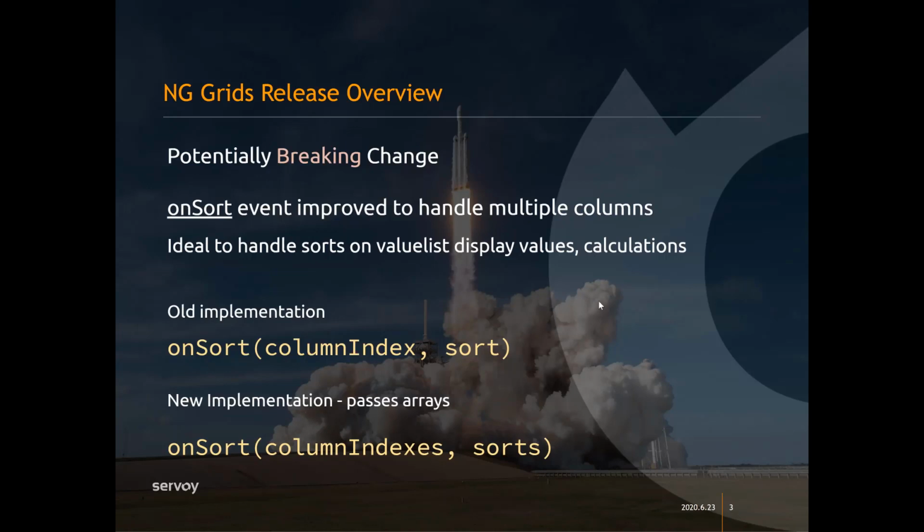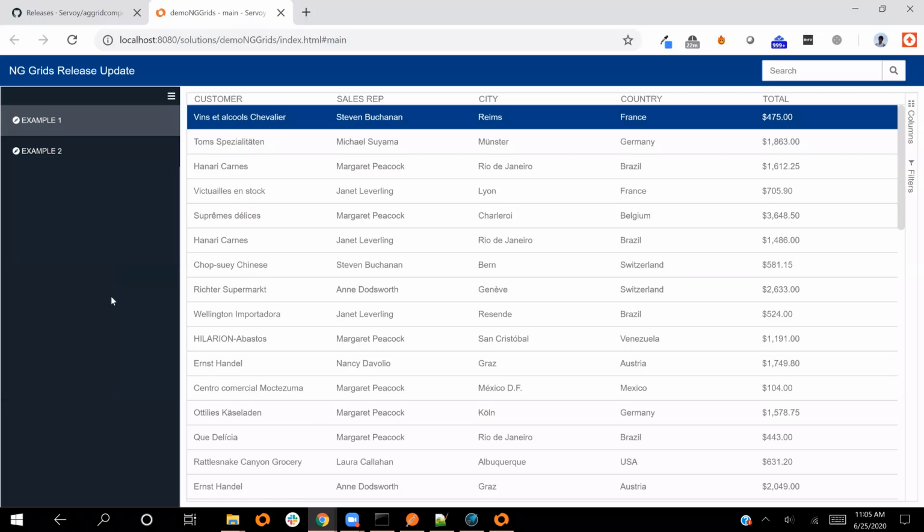I can show you what that looks like quickly in the IDE. I have a demo solution running here with a grid up, and I can sort by, say, city, and if I shift-click, shift-click, then you can see I have my primary country and city is the secondary sort.